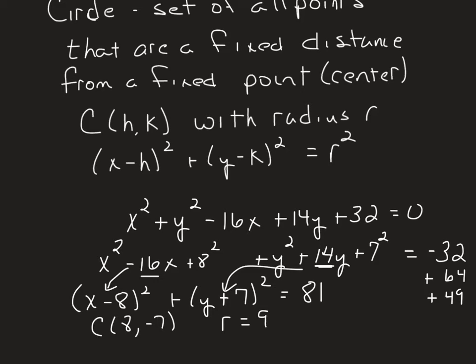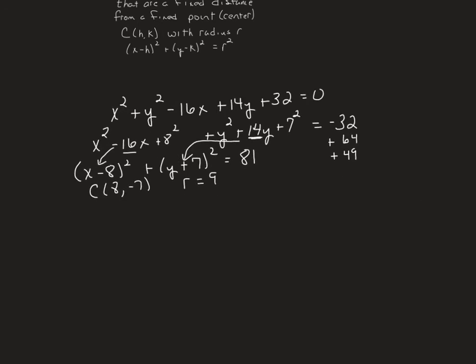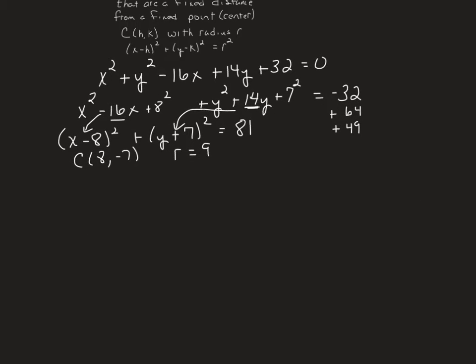And now we have enough information. We could graph that circle. I'm not going to be able to graph something on here that looks extremely circular. But if we have 8, negative 7, it's not going to show up well here.